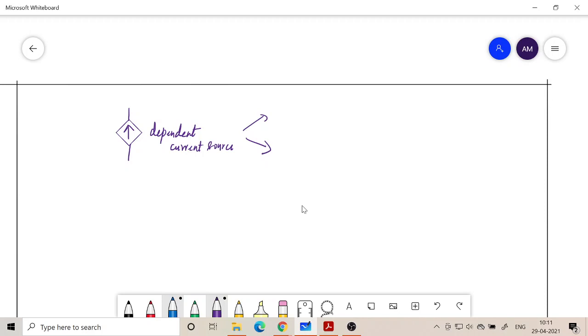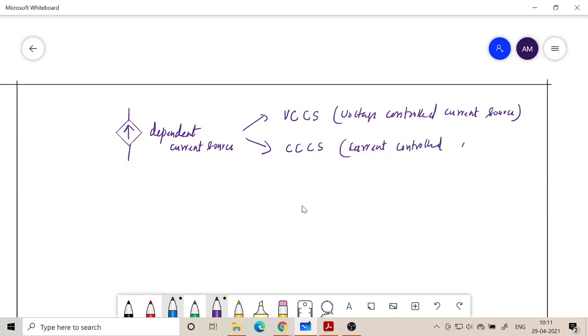So you can have a voltage controlled current source, or a current controlled current source. It is a dependent current source, but the dependency could be on a voltage or some other current.